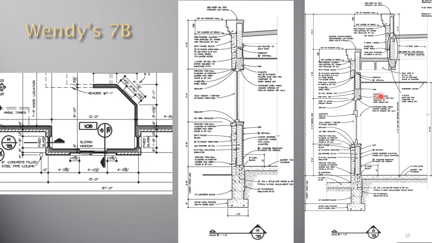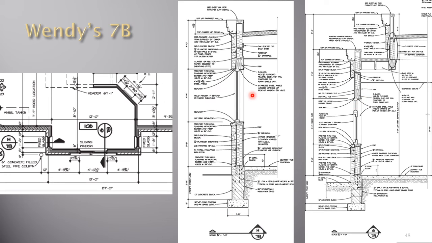Since a 2x10 is 1.5 inches thick, 3 of them would be 4.5 inches thick, and when I add in 2 half-inch plywood fillers, I wind up with a unit that is 5.5 inches thick, which is the same width as a 2x6, and so they will match.